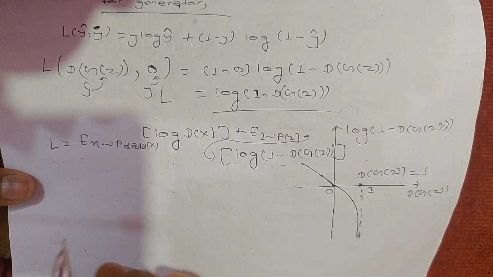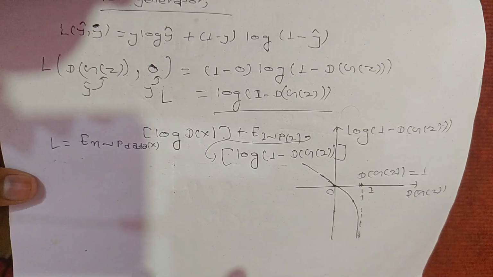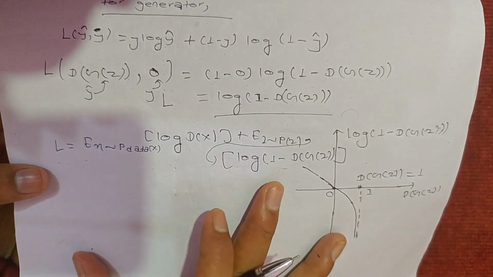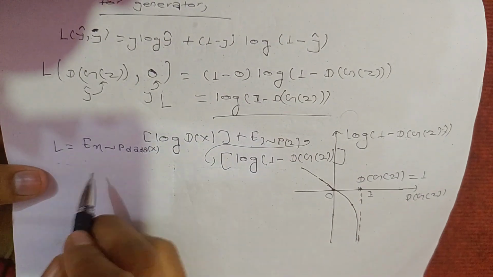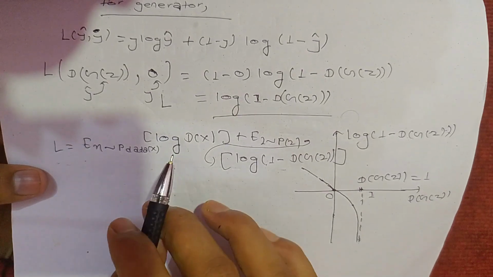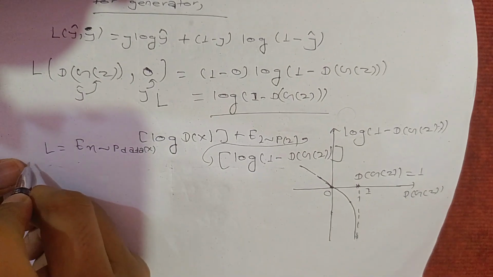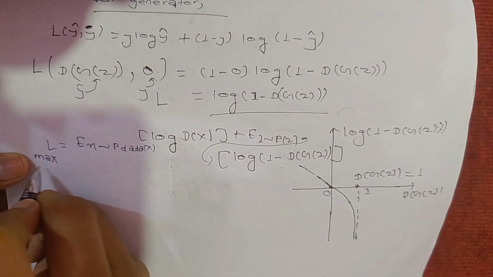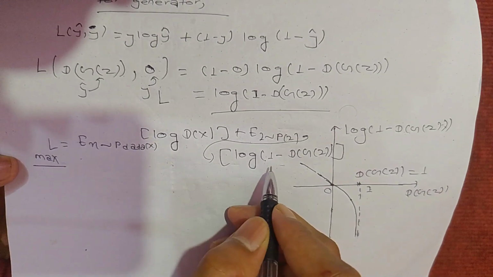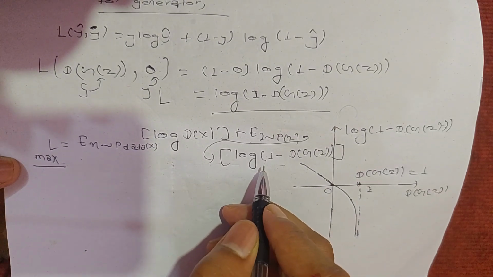So let's derive the loss function for the generator. We have already derived the loss function for the discriminator. If we maximize this objective, our discriminator objective is fulfilled.